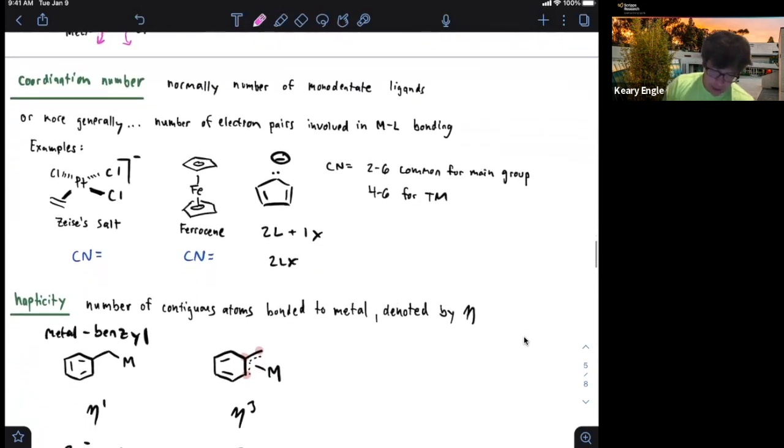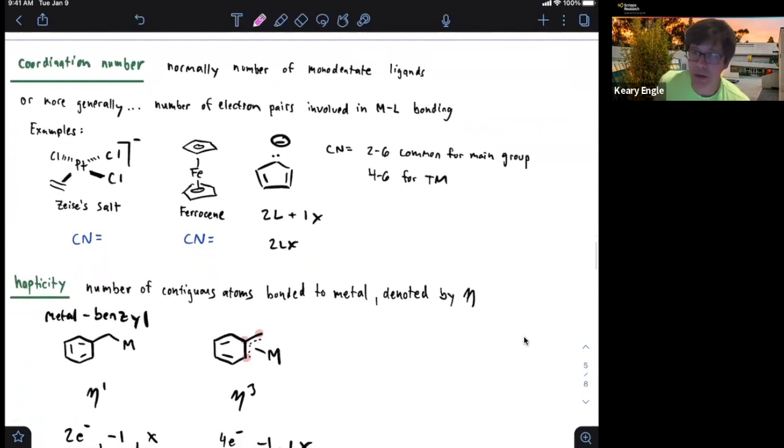So another metric, another accounting number that is sometimes useful is called the coordination number. And the way that we will define this in class, for monodentate ligands, this is very intuitive. It's just the number of ligands.